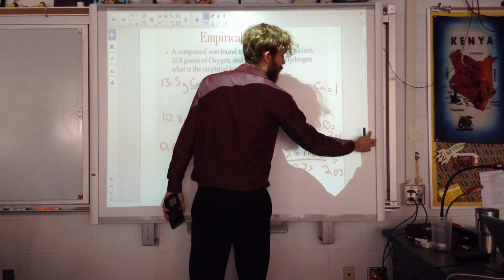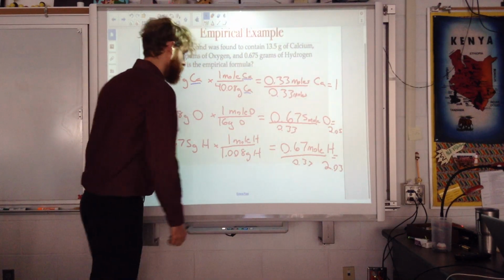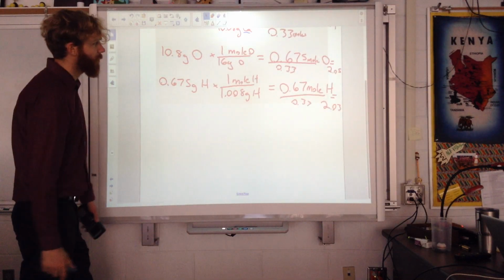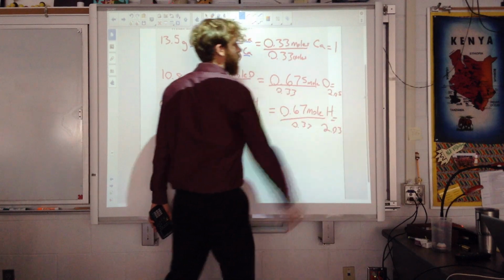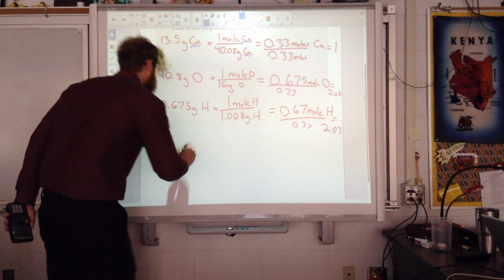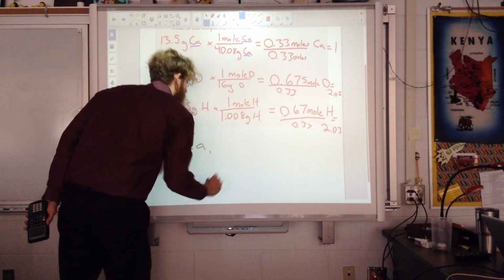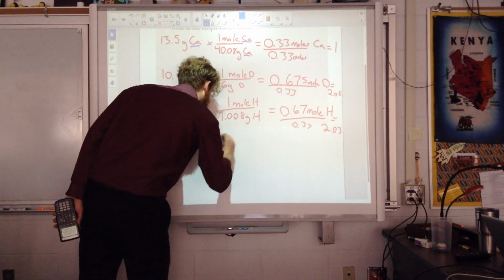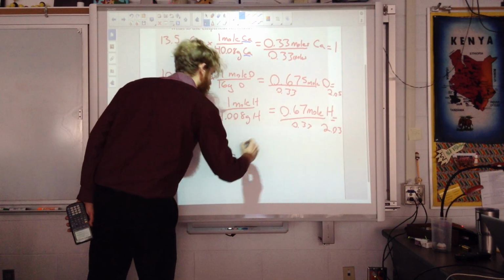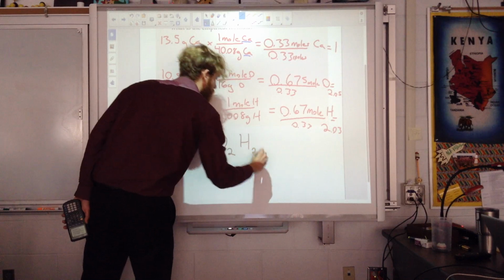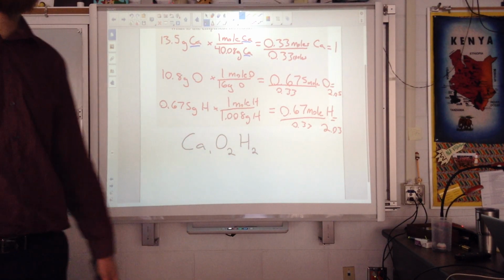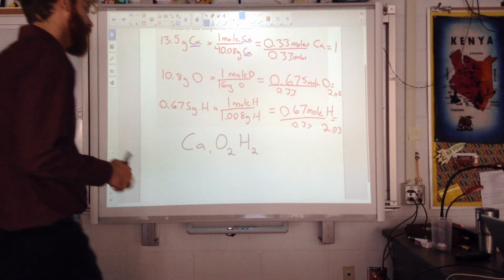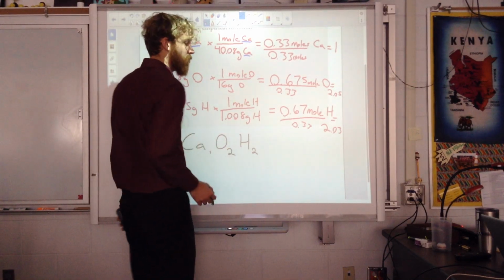So we can rewrite our empirical formula. No need to do step 3. So we're going to have 1 calcium, so Ca1, 2 oxygen, O2, and 2 hydrogens. Now this is a common compound that you have dealt with before. Notice how there's a 2 and a 2.